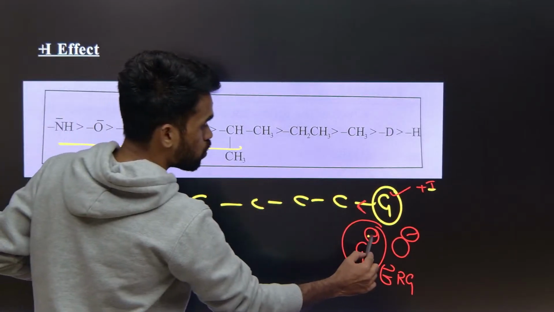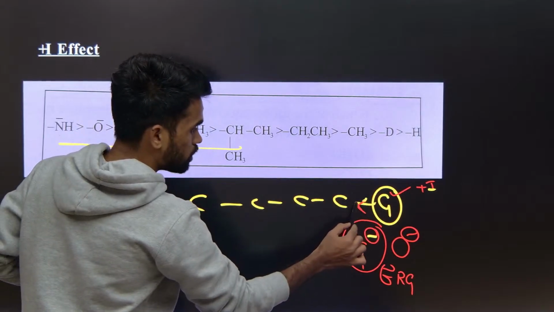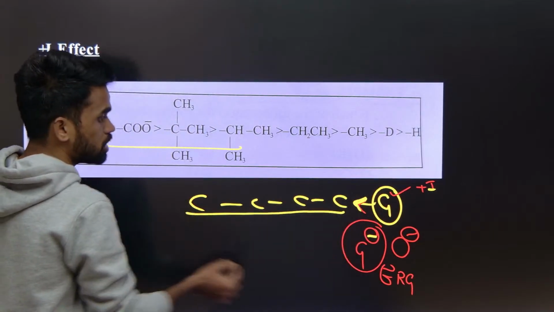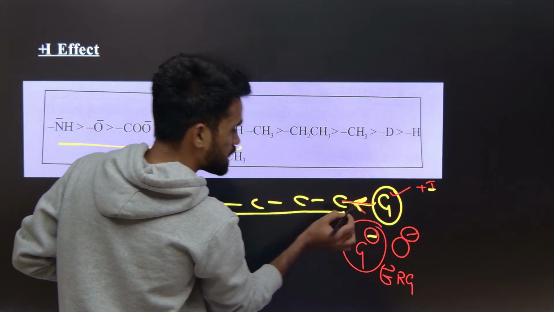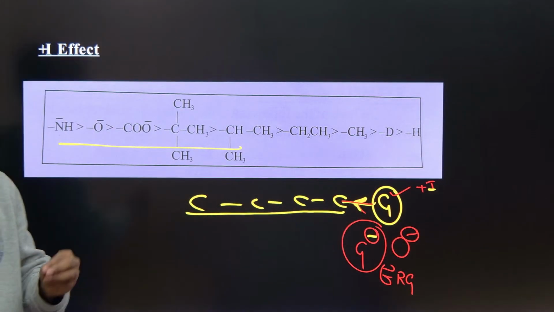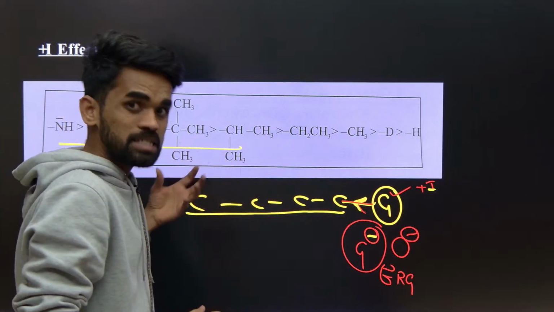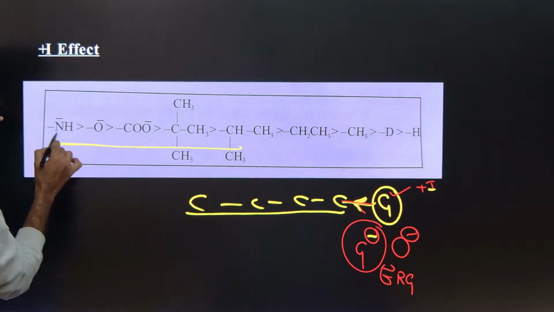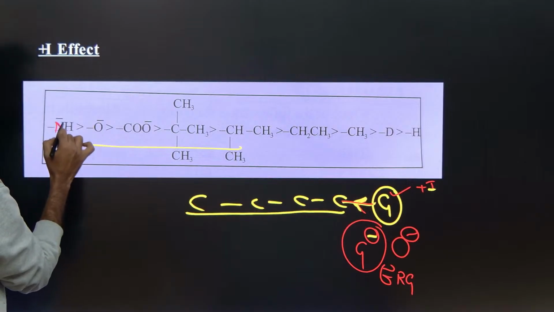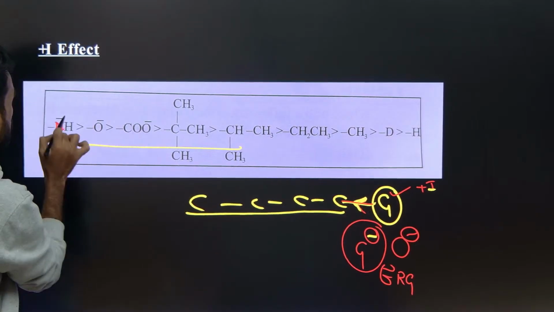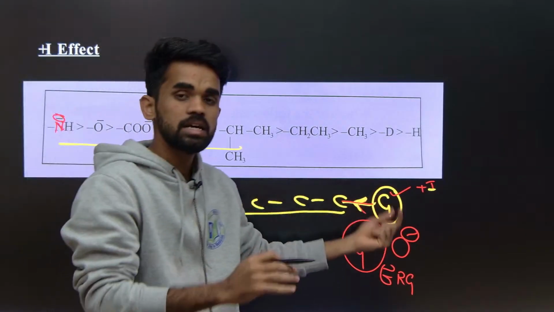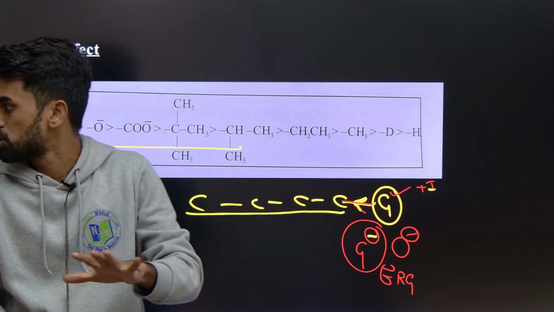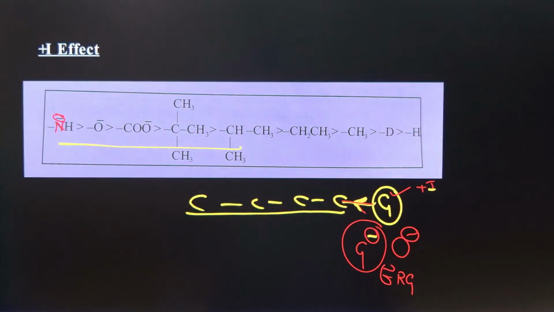Since it has more electron density, that electron density is shared to this carbon chain through this sigma bond. Those effects are called plus I effect. See here, these are the groups. The nitrogen atom is a more electronegative atom, that is fine, but it has a negative charge now. So whenever it has a negative charge, that group definitely acts as a releasing group, a plus I group.